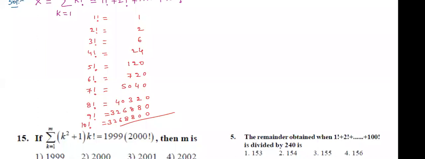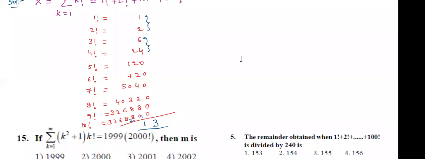Now add this. First go to the unit place: 6, 4, 10, 10 plus 3, 13. 1 carried, 3 here. Next, tens place: 2, 2, 2, 6, 6, 4, 10, 10, 8 to 10, 20, 21. So the last two places we are getting 13.